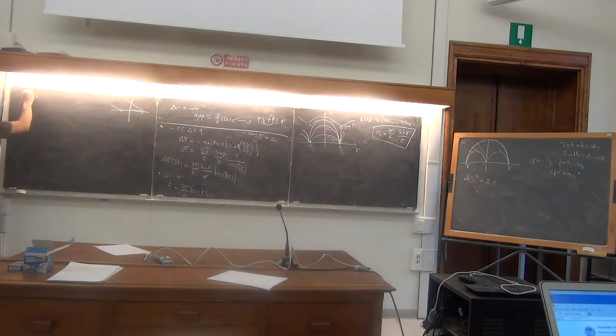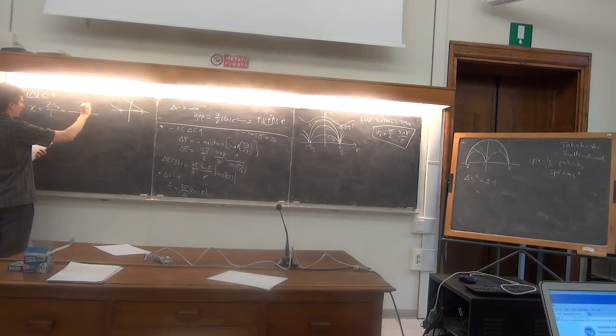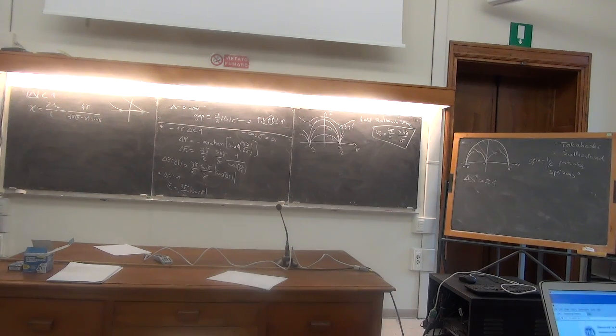So again, in this regime, if we define chi as 2 s^z over h, where small s^z is the total magnetization per site, capital S^z over N, it looks like this. So this is when delta is strictly smaller than 1.